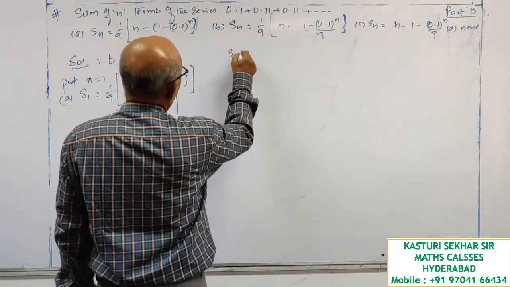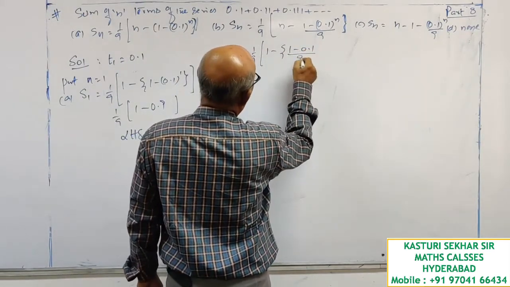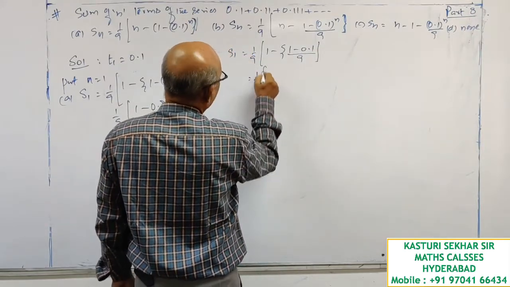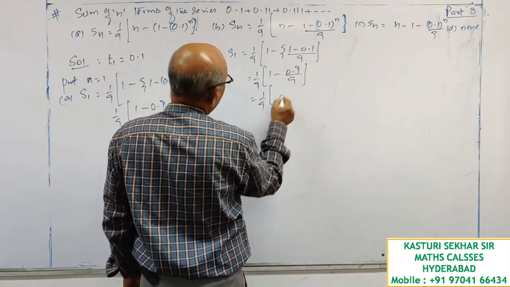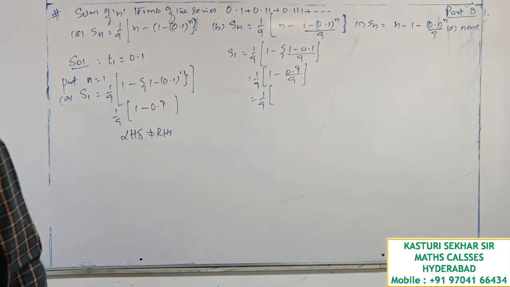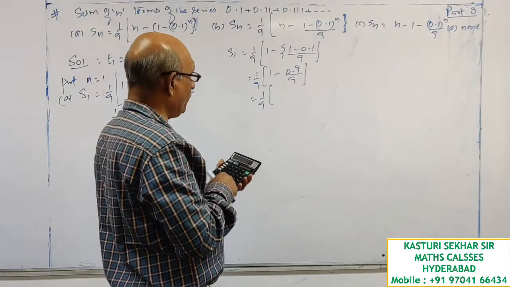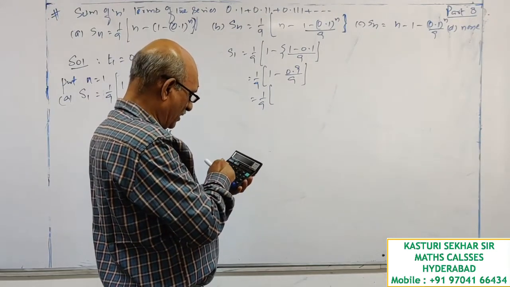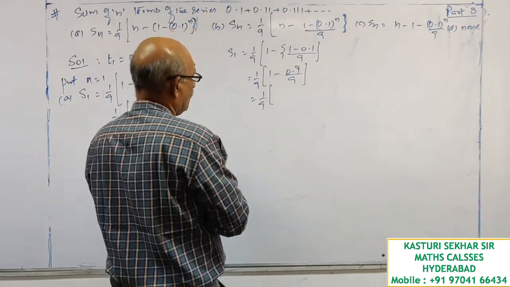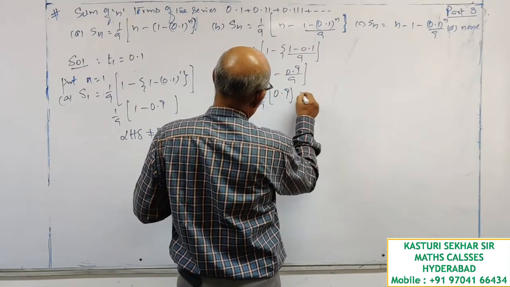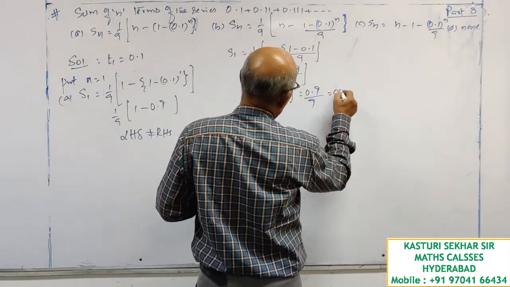Let us go to option B. S1 is equal to 1 by 9, 1 minus 0.1, so 0.9 divided by 9, 0.1.